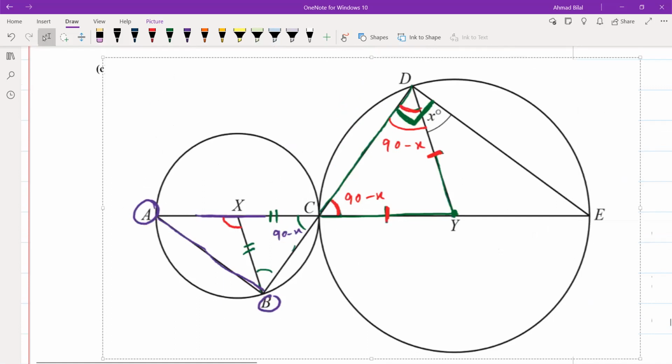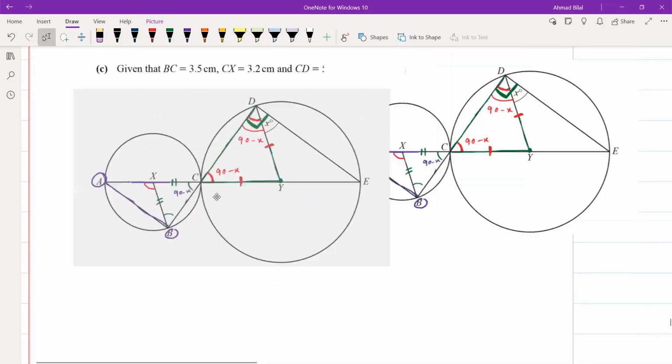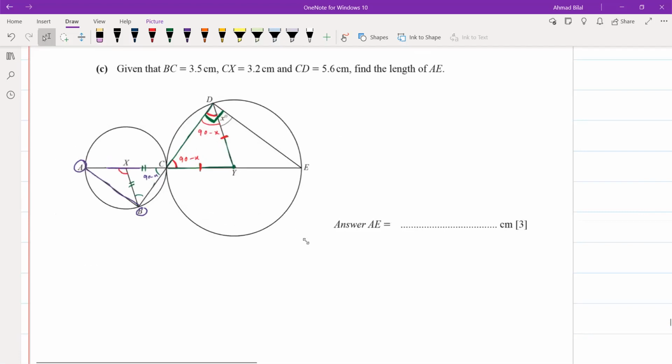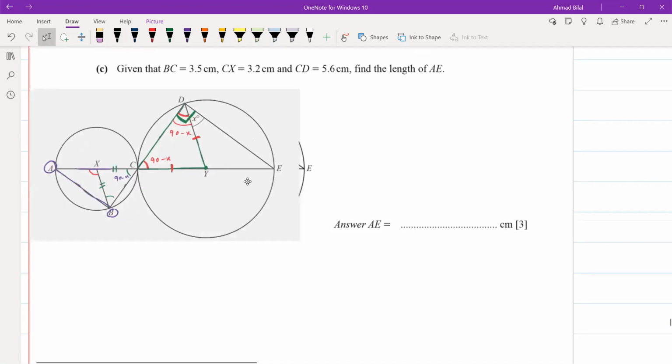Let's see what we get. Okay, so now we are given some lengths there. BC is 3.5. Get rid of some of these things here. Let's actually do it the other way. What are the angles in here?